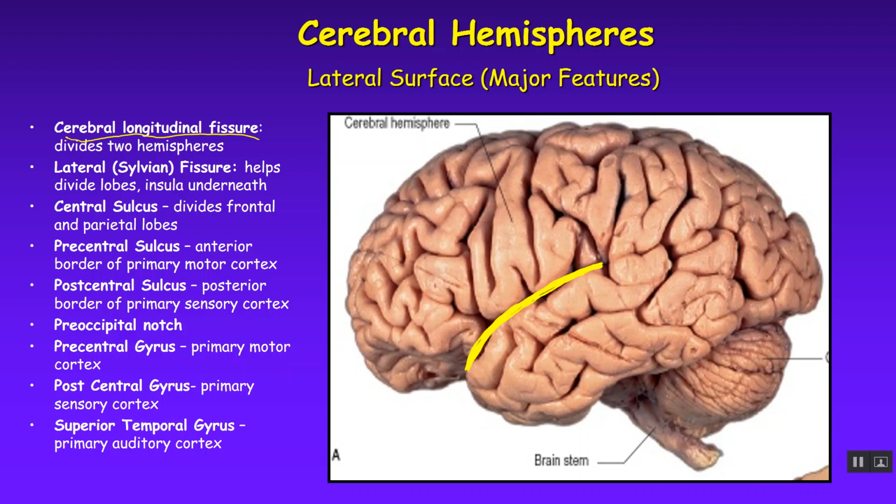Then the next major feature to find is called the central sulcus. In this brain, every brain's a little different, but most brains have some features that look very similar. This would be the central sulcus on this brain. The way I know if it's a central sulcus, there are brains where it's like, oh, is that the central sulcus here? Is this the central sulcus here?